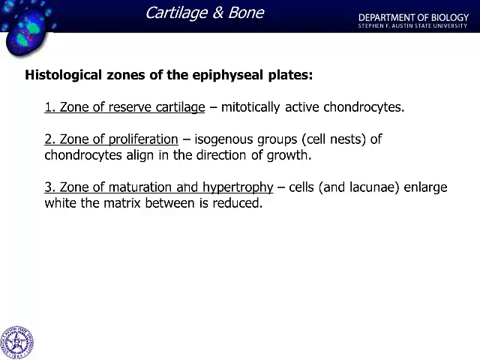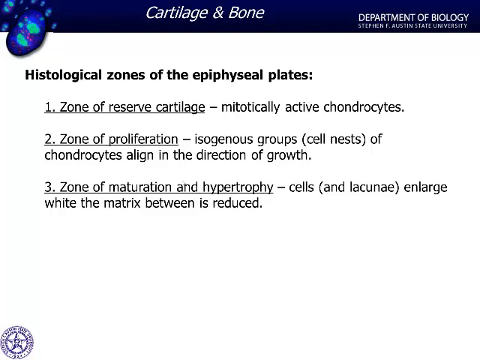First, we're going to look for different zones. We have about 5 zones to identify, and we start with the zone of reserve cartilage. This is basically what looks like hyaline cartilage. We'll have our isogenous groups. It's not going to look any different than what we would see with hyaline cartilage.